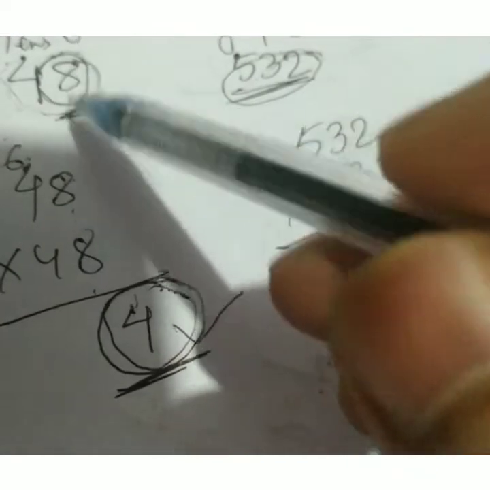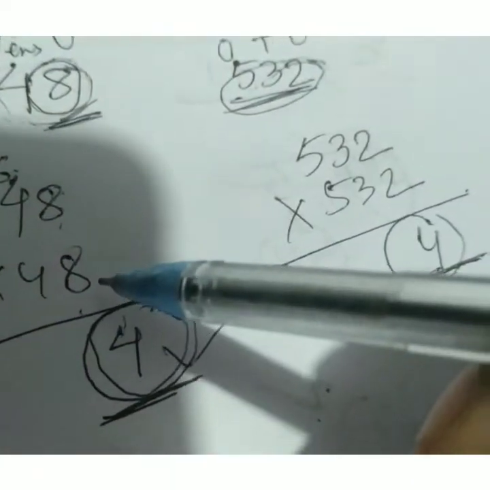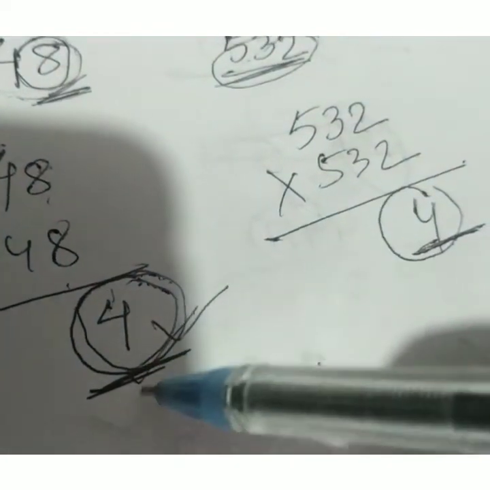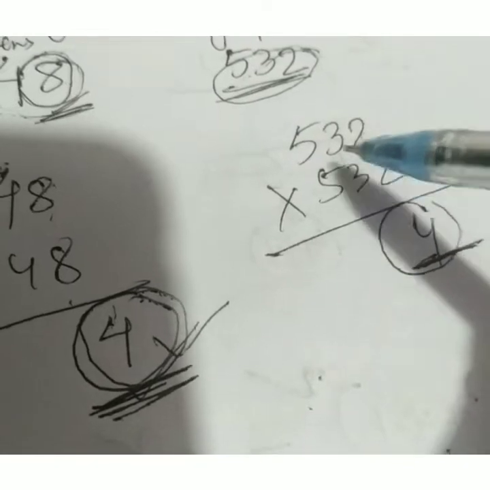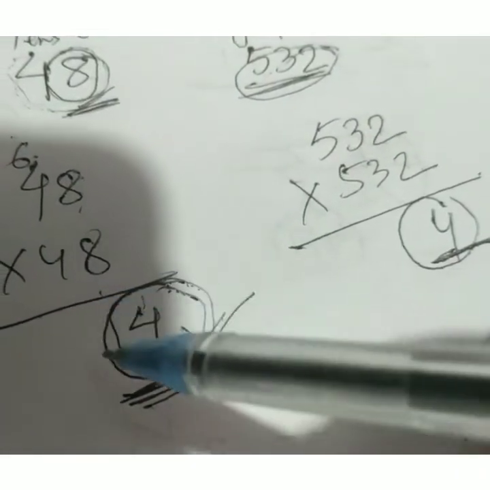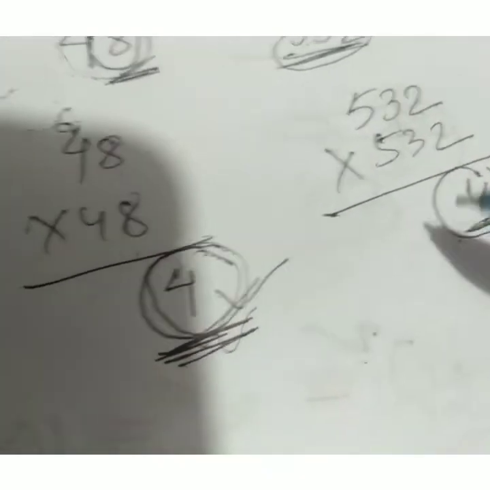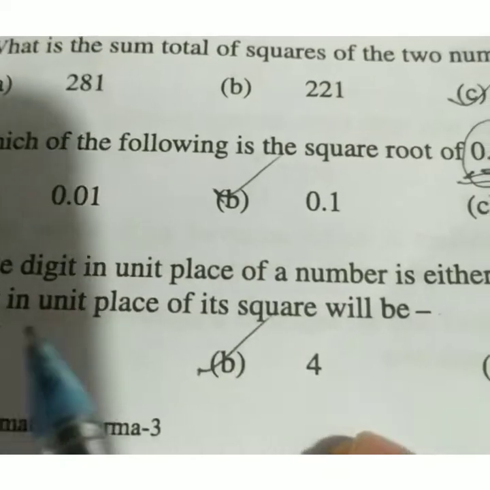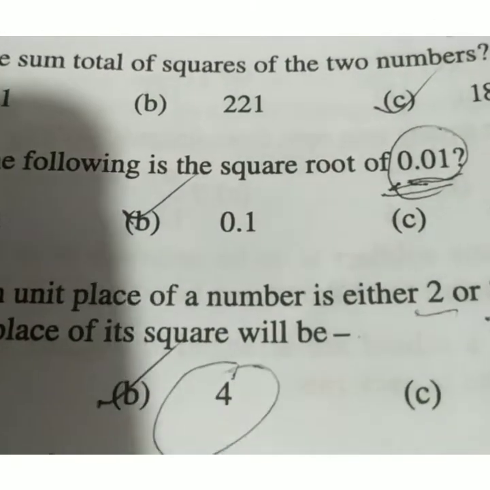Again, if I have 8 in my original number, if I square the number, I will again have 4 in the units place. So if I either square 2 or 8, the number in the unit place of the squared number is 4. So that's why my answer over here will be, the digit in unit place of its square will be 4. Got it?